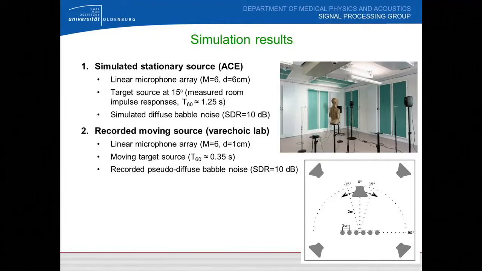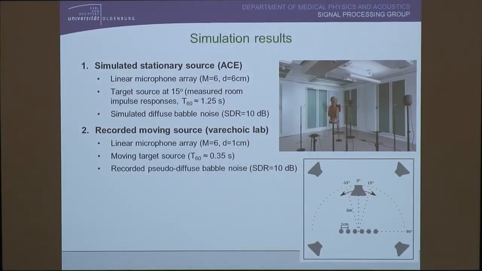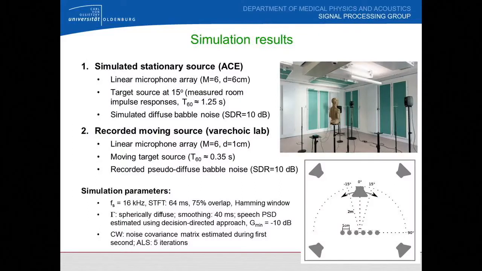And also in our lab in Oldenburg, where we can change the reverberation time with these absorption panels, we have just recorded a moving source, but actually different moving sources, with an array of 6 microphones at 1 centimeter interspacing, and also generated some pseudo-diffuse babble noise by just playing back some noise at the loudspeakers in the corners.